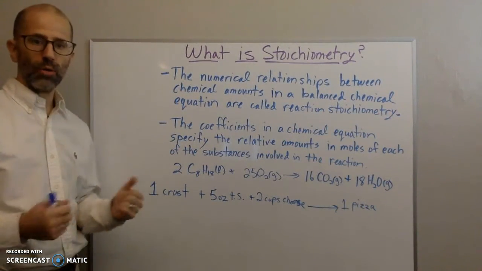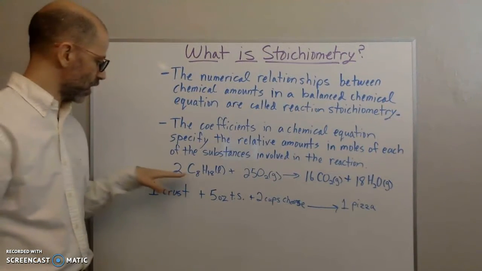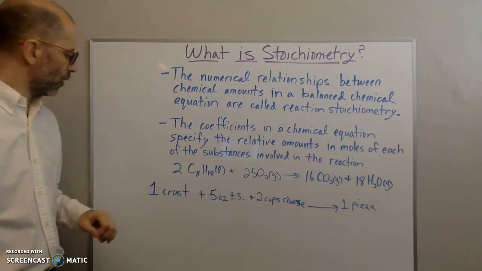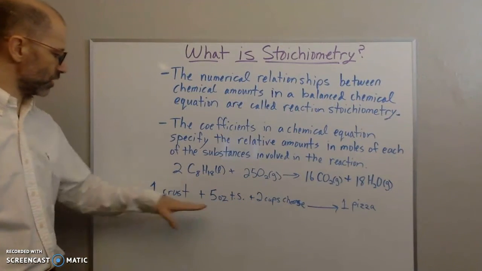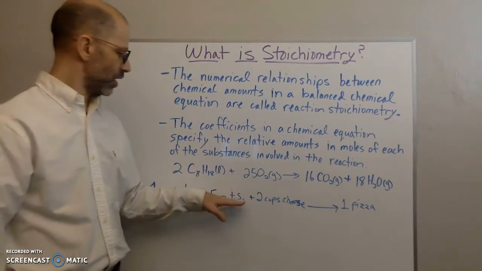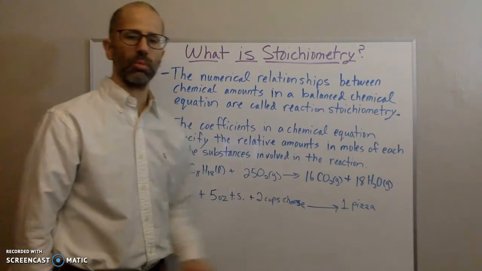Okay, so this is the ratio, right? In the same way that the coefficients here are ratios, 1 crust, 5 ounces of tomato sauce, and 2 cups of cheese will give me 1 pizza.